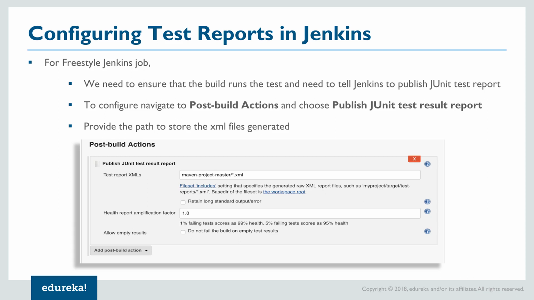If it is not there, we just need to make sure it is installed, and we have seen that already. If you are still not familiar with how to do plugin management, you can go and check module 3 of this video series. Now, as you can see here, we are using this publish JUnit test result report, and you basically give the XML location where exactly the report is going to be saved. Of course, this will be under the post build actions and not under the build actions.